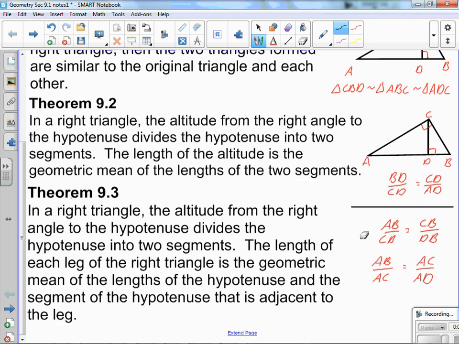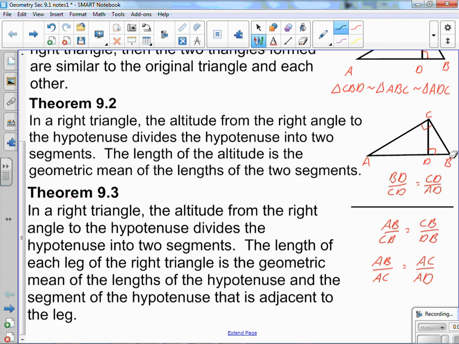All right, so still looking at an altitude dividing a hypotenuse, but it says the length of each leg of the right triangle is a geometric mean. So CA is a geometric mean of the length of the hypotenuse and the segment of the hypotenuse that's adjacent to the leg.